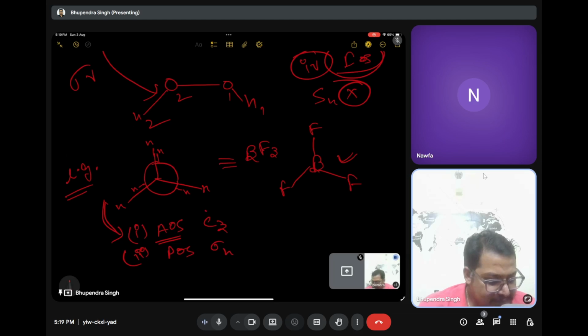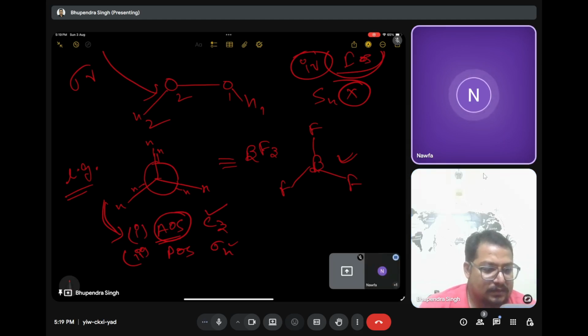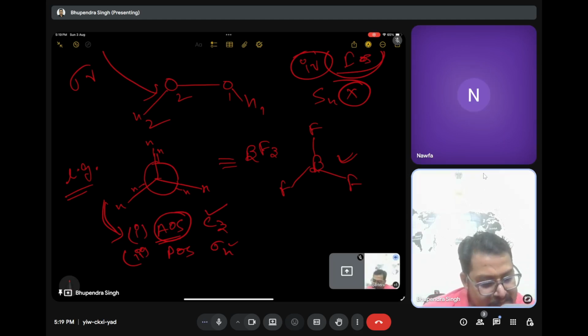But sigma 3 is present, sigma H is present. But is any other axis present or not? Are you able to find any? Yeah, C2 like this. These two will interchange position here, and these two will remain here.